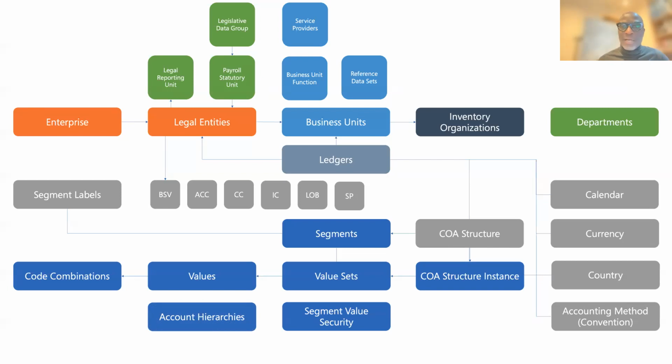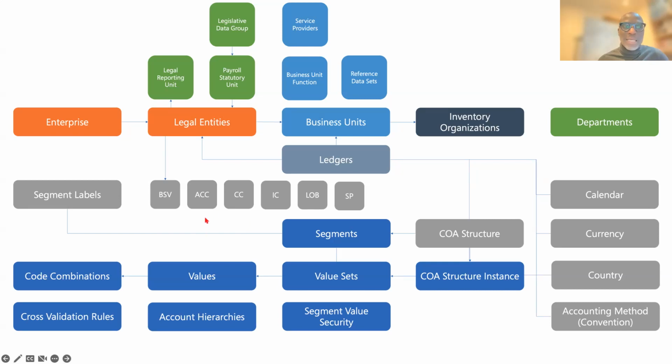And then you have your account hierarchies. When you build this structure, you build them into a hierarchy structure. Again, you will see a lot of examples of this in the detailed video of examples of the hierarchy structures as well. And then you have cross-validation rules. So I can limit how my values are used between each other. I can say that if my BSV value is, let's say, a certain country, I can limit maybe the cost centers that they would have access to.